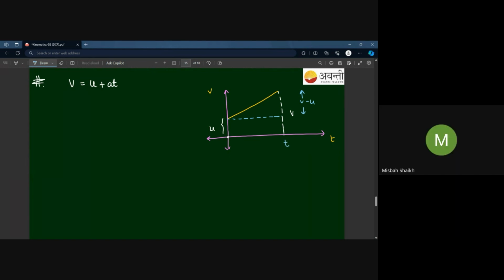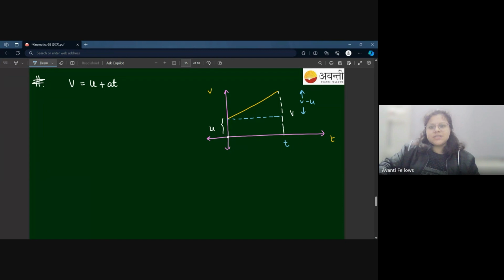Okay, cool. So just calculate the slope of this graph. Slope is equal to tan theta, and tan theta is equal to perpendicular by base. Here perpendicular is v minus u and base is t.